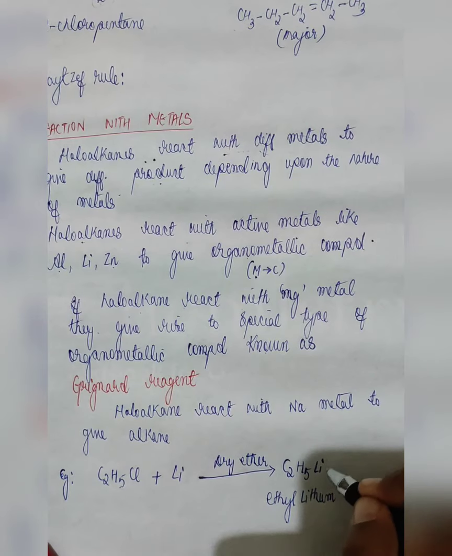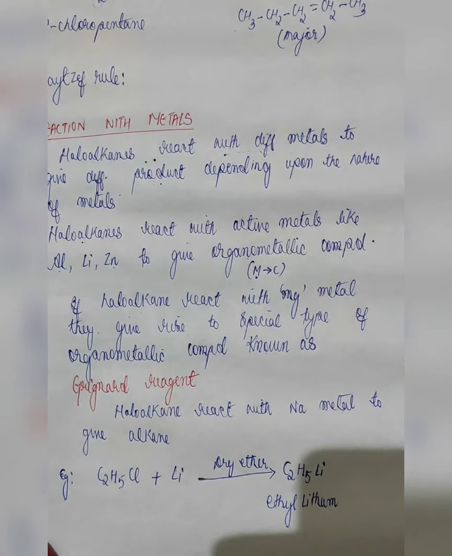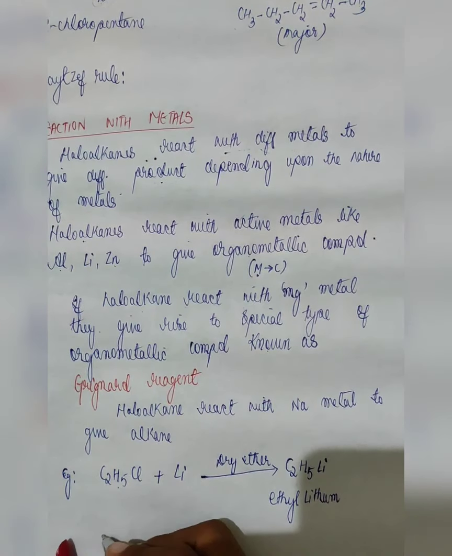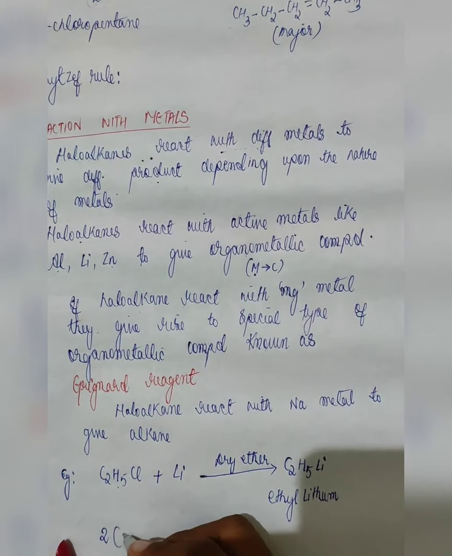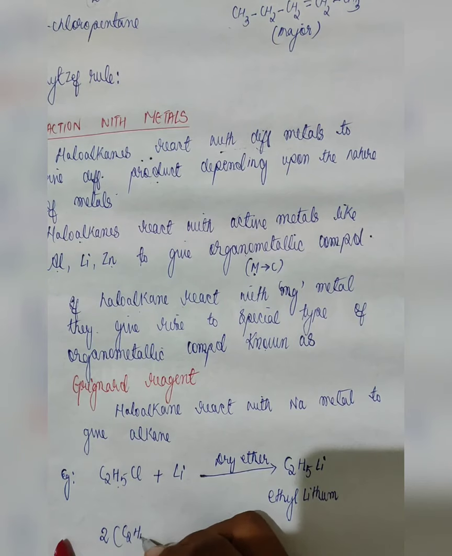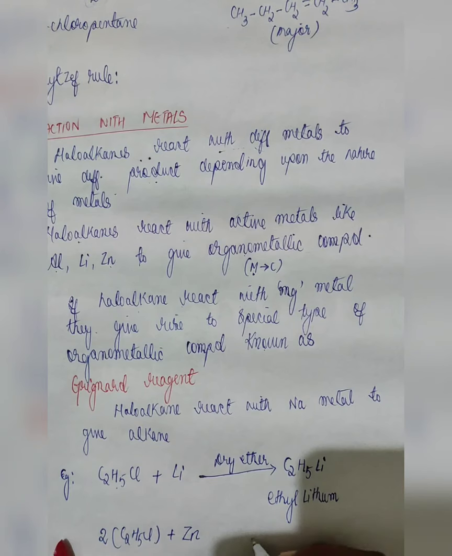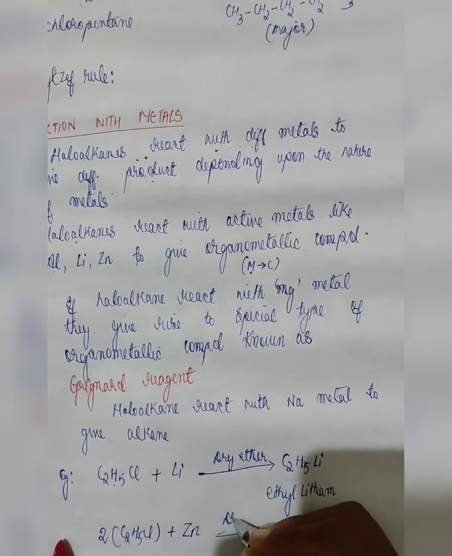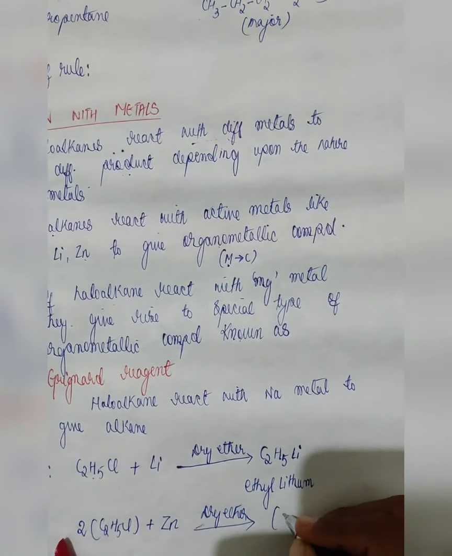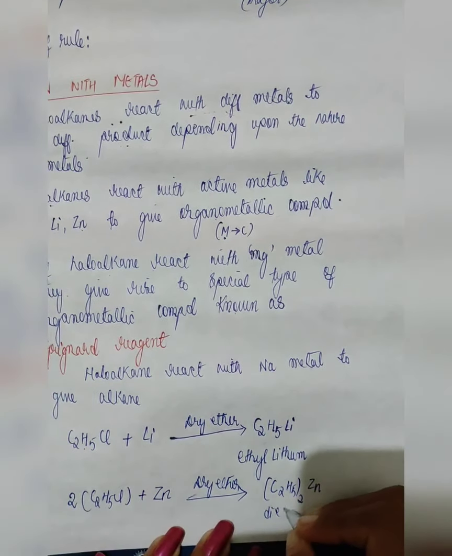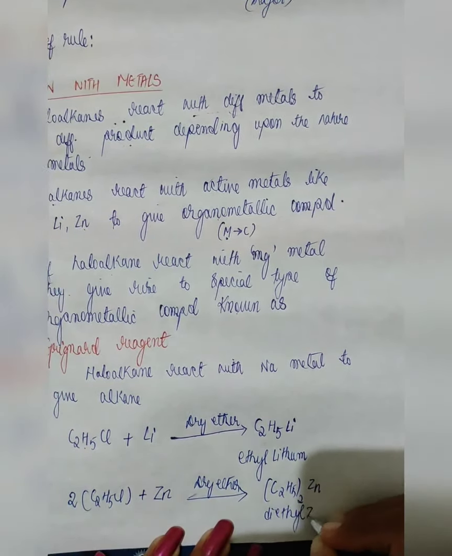In this case, the lithium will be directly bonded to the carbon. Now, if 2 moles of haloalkane react with another active metal, zinc, in presence of dry ether, it will give (C2H5)2Zn. This is diethyl zinc.